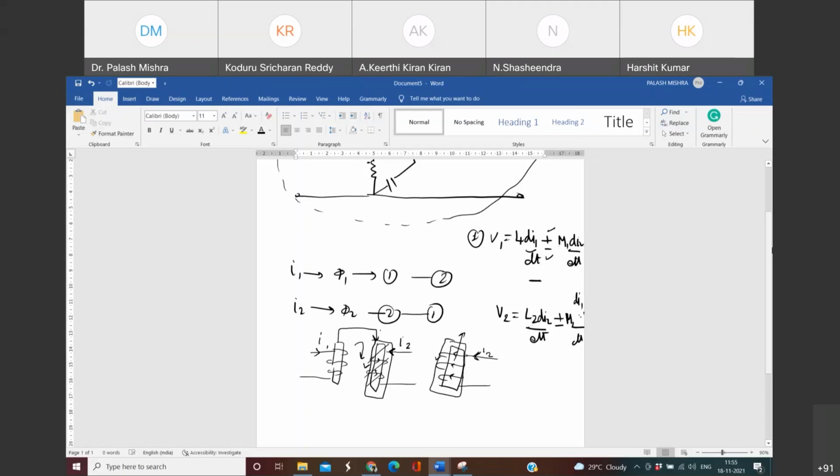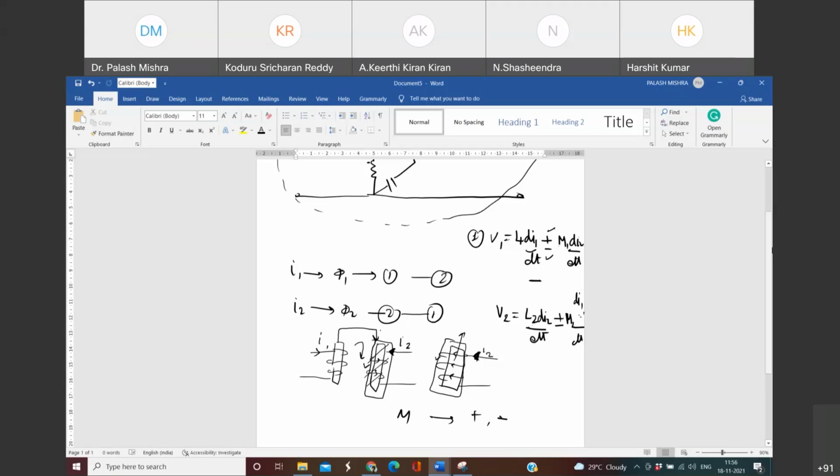You have a black box. You don't know what is kept inside, how the windings are wound. But from the terminals, in both, the current is entering only. So by seeing the terminals, can you judge whether the mutual inductance will be positive or negative? You cannot judge. You cannot say whether the mutual inductance value will be positive or negative.